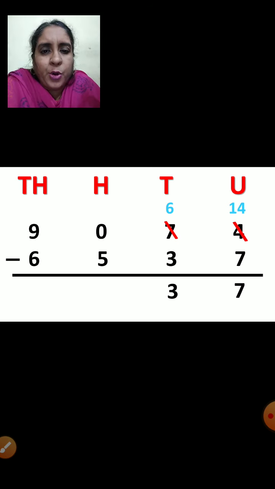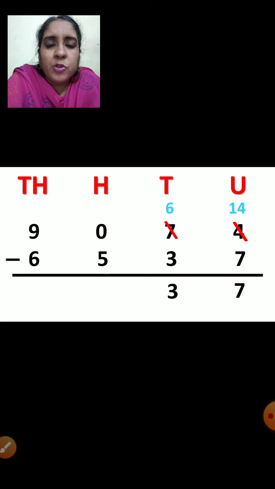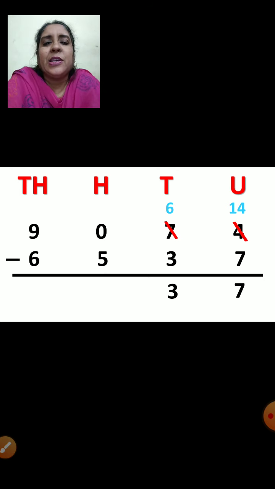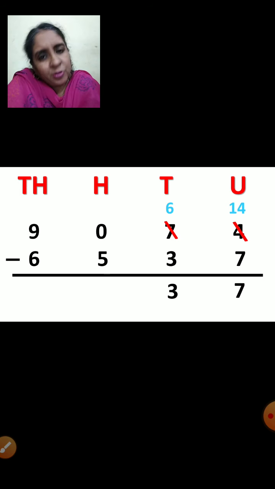Now we will go to the hundreds place. Now see the numbers, 0 and 5. You cannot subtract 5 from 0, right? So what will you do? You will go to the thousands place. Yes, you can borrow from the thousands place.